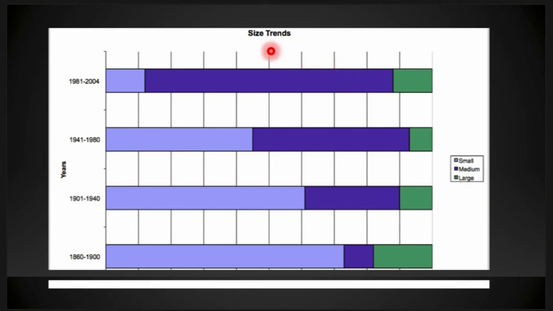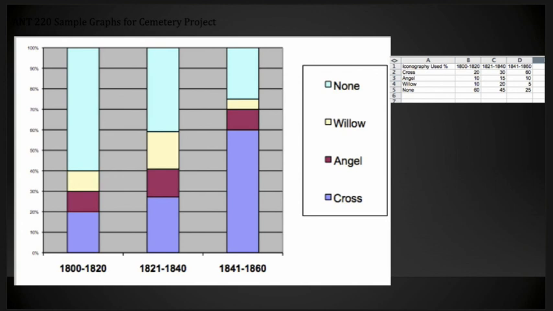That is, you don't want just a pie chart here at the bottom saying, headstones 1840 to 2004, small, medium, and large, because that really is not telling you much. It's lumping all of the time periods together. You don't want to do that because you won't have much to say about your data. You want to separate out the data by time so that you can start to look at some of these questions.